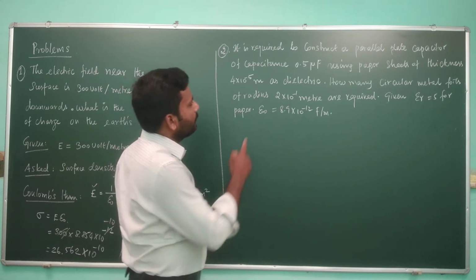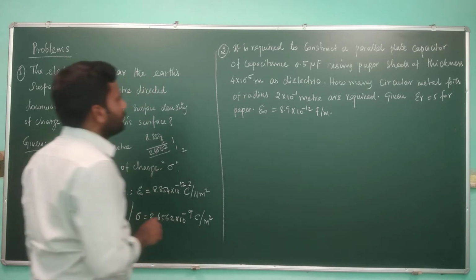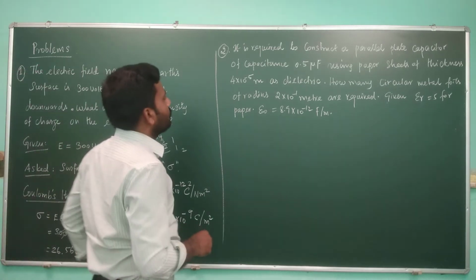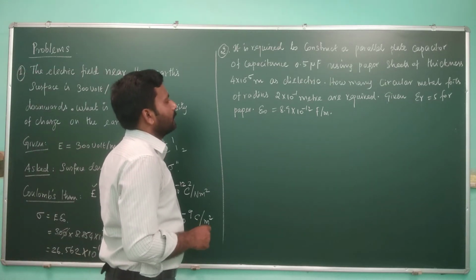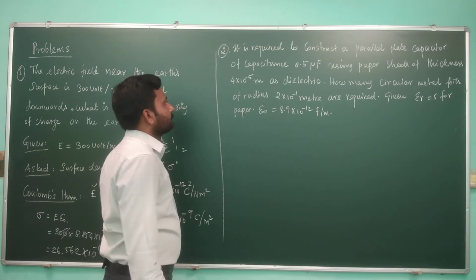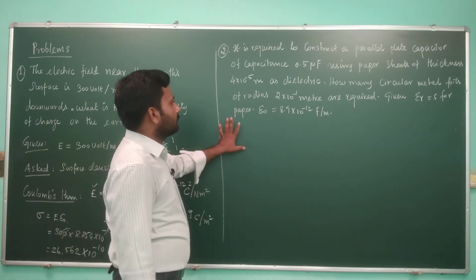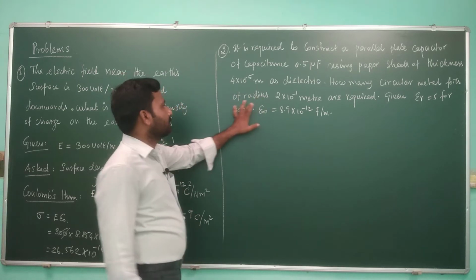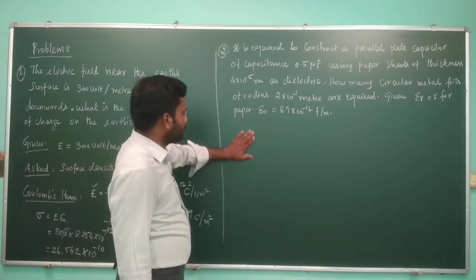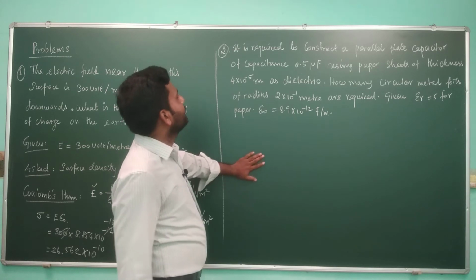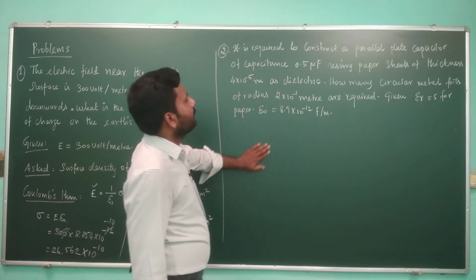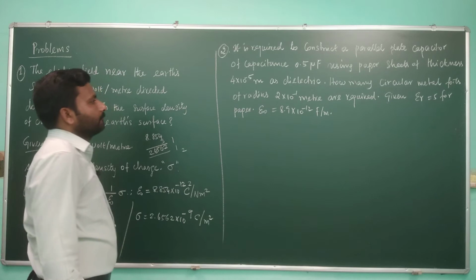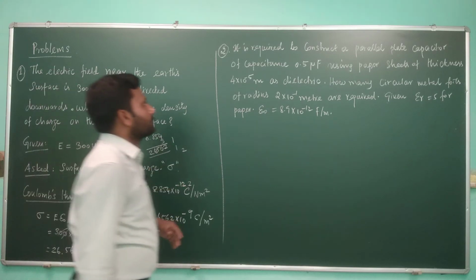Now, how many circular metal foils of radius 2 into 10 power minus 1 meter are required to create the capacitance 0.5 microfarad? So this is the case.